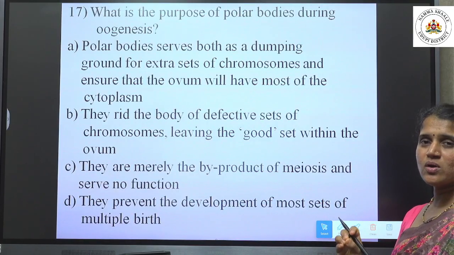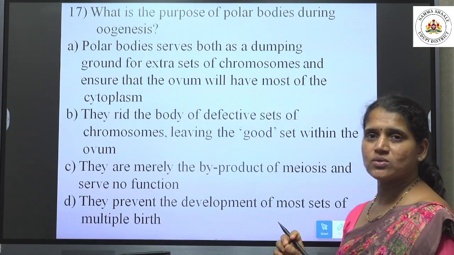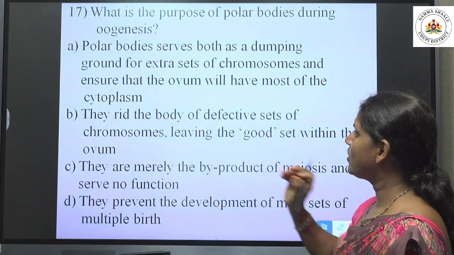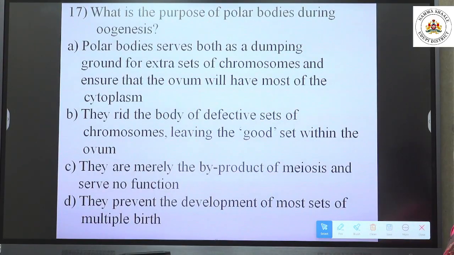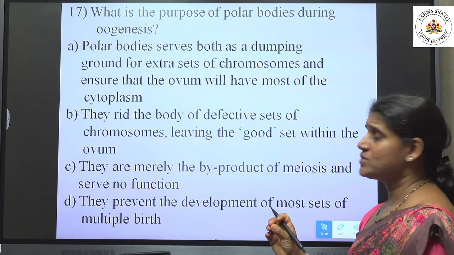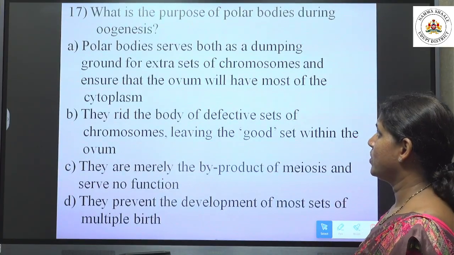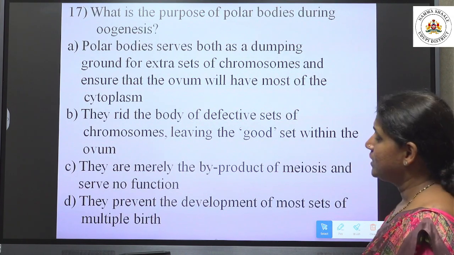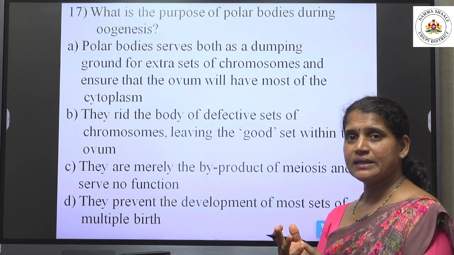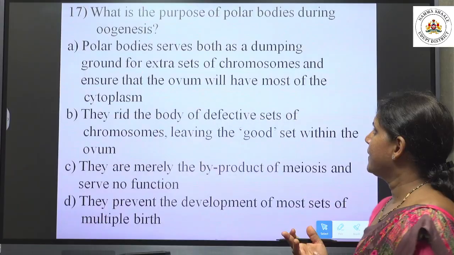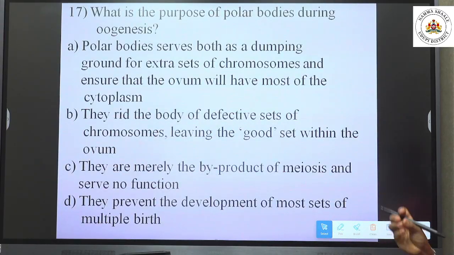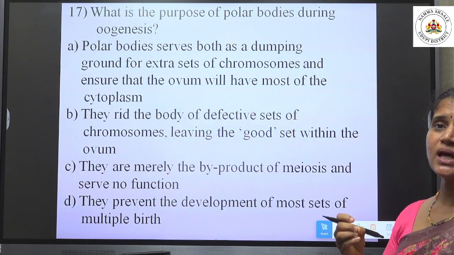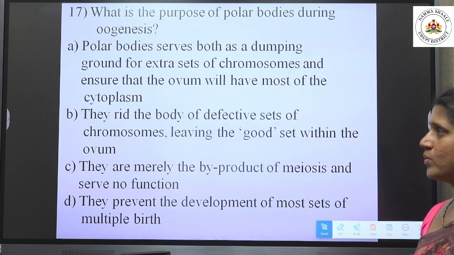Because of unequal cytokinesis, the small amount of cytoplasm goes into the polar body. So hence these polar bodies are important as a dumping ground, and they help to remove the unwanted chromosomes.